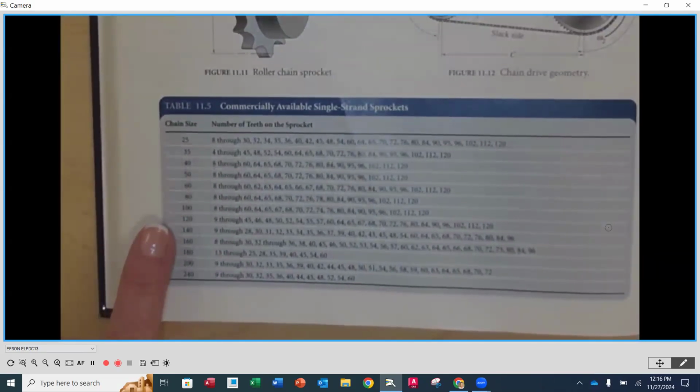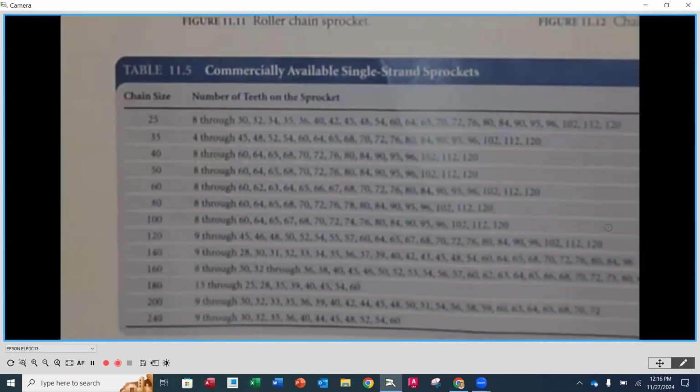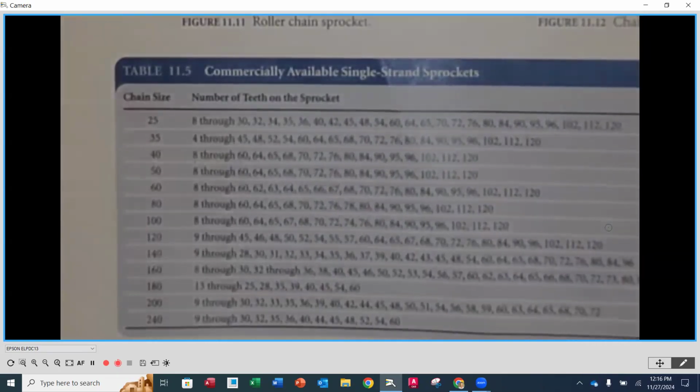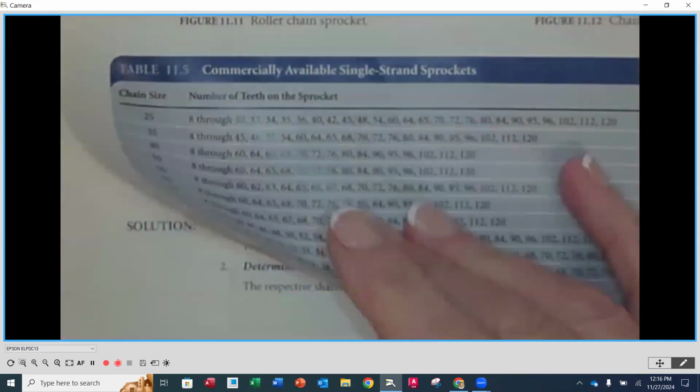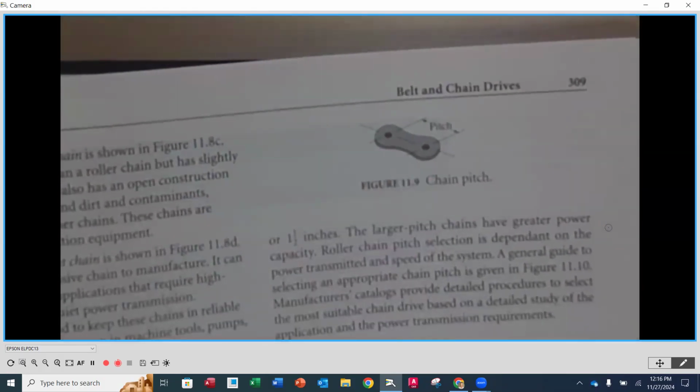The column here is standard chain sizes. You'll notice it's 25, 35, 40, 50, and so on. Now, those numbers mean something. To figure out the size of the pitch, meaning how far apart those two pins on the side plates are, we can calculate that from the chain number.